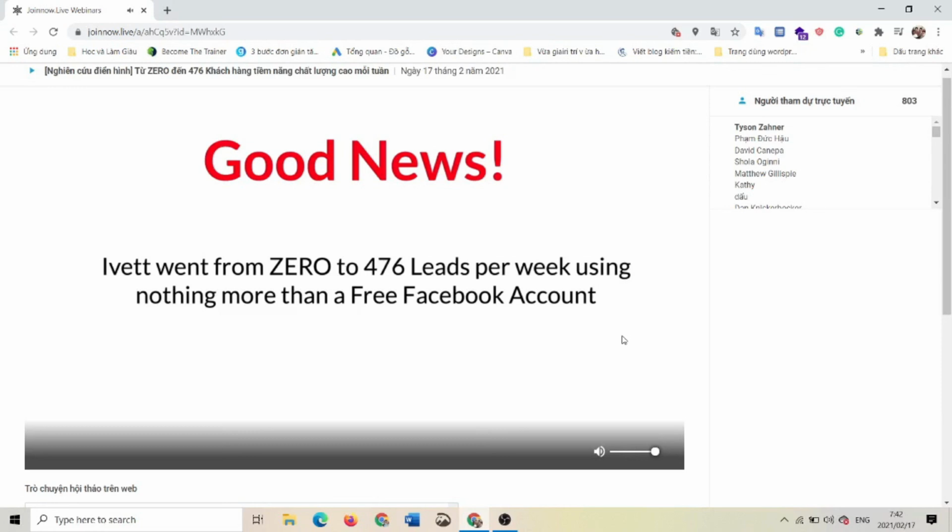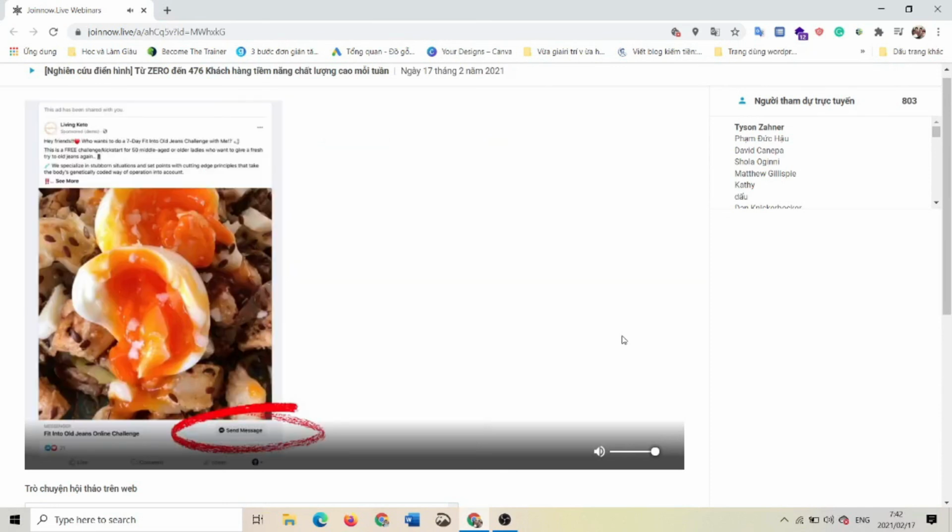Now, there's nothing wrong with having websites and capture pages, but if you don't want a million moving parts and you just want to get up and going quickly, the secret to doing that is just controlling where this button sends people, right? The button I've got circled on the screen.